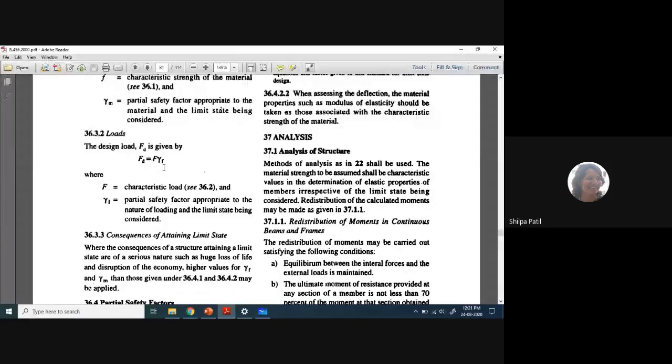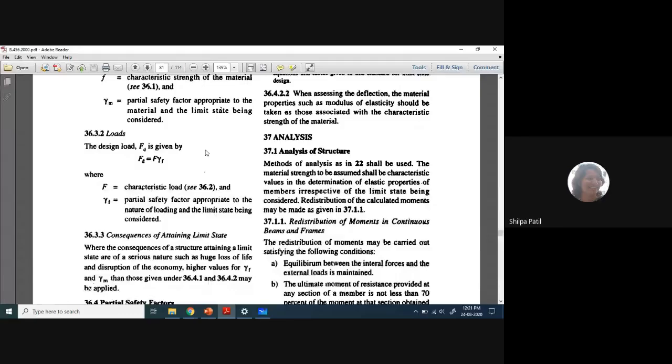Now, in our calculation, whatever the W value we have calculated, it is the design load. And we want to find out the working load. So to find out the working load, I have to simply find out this F value. So FD upon gamma F, that is whatever the W value I have calculated, divided by the partial safety factor, it will give me the working load. Is it clear up to this?